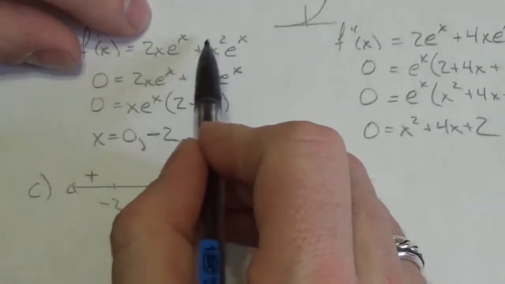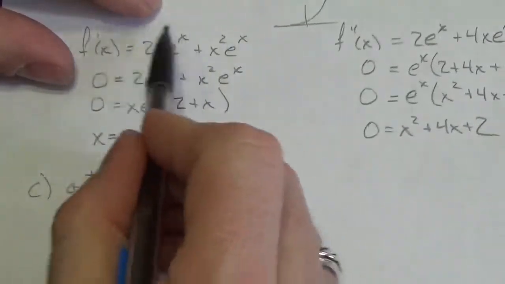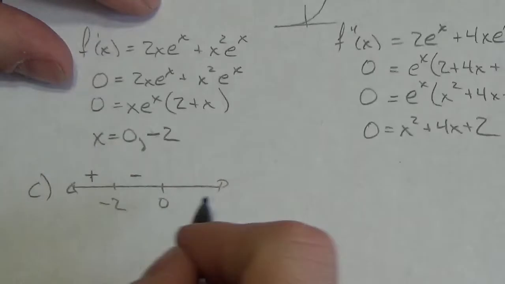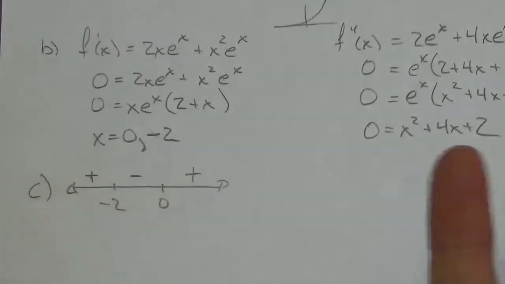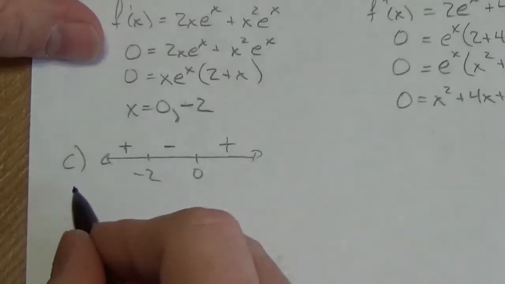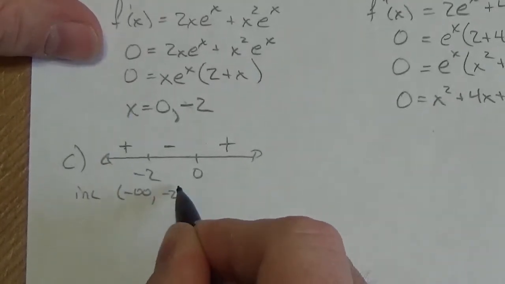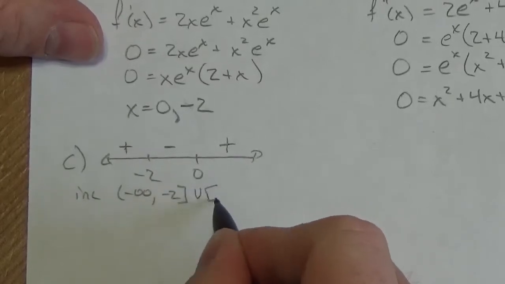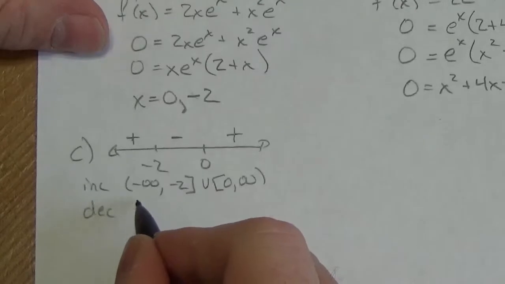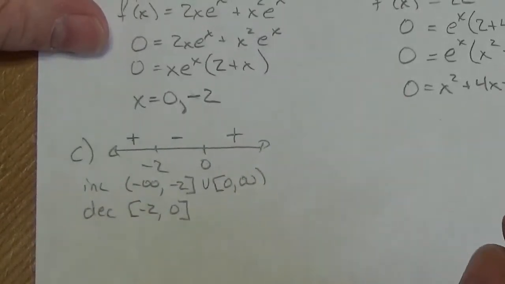This will be positive, but it's only going to be 1. So it turns out that this now becomes the dominant value. That's going to be negative there. Now, once you pass 0, everything is positive. Okay? I don't know how else to say that. So this is going to be increasing on negative infinity out to negative 2, union 0 out to infinity, and it will be decreasing on negative 2 to 0, and that's it.